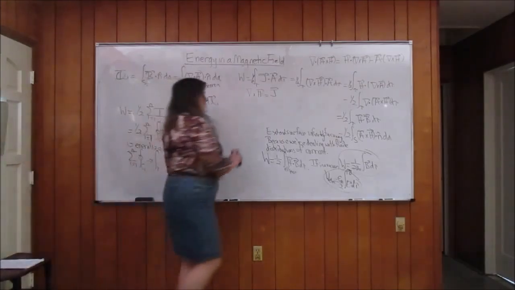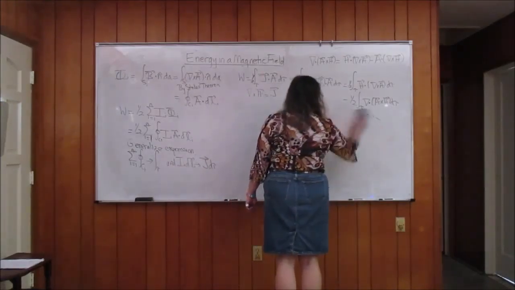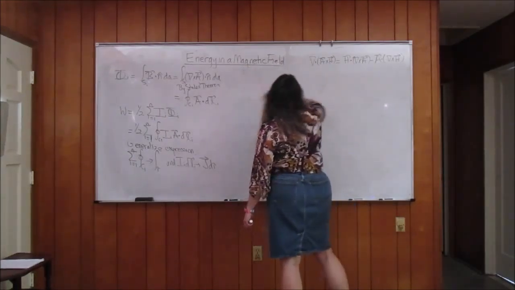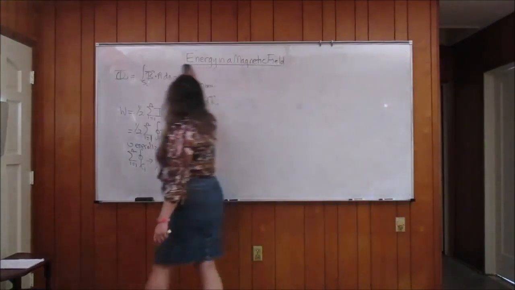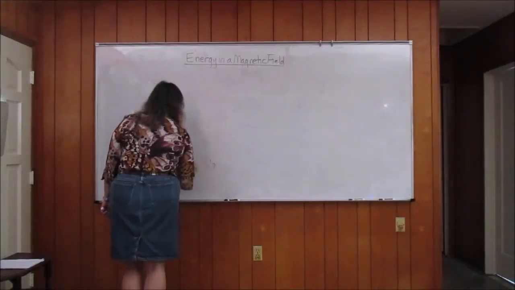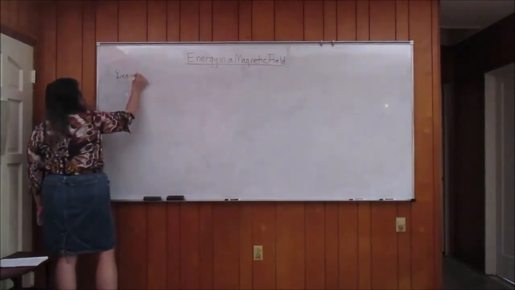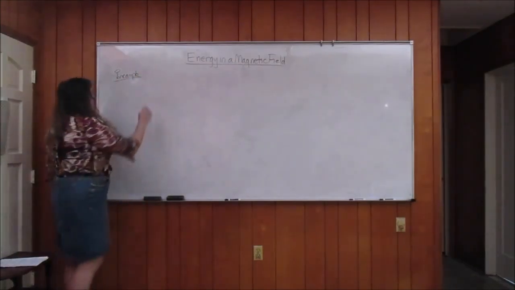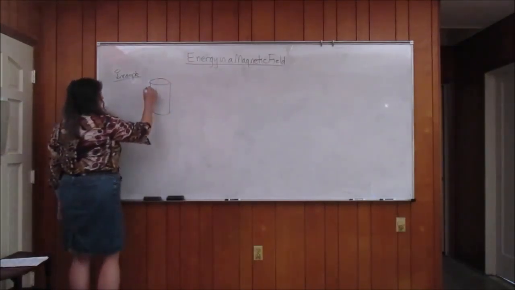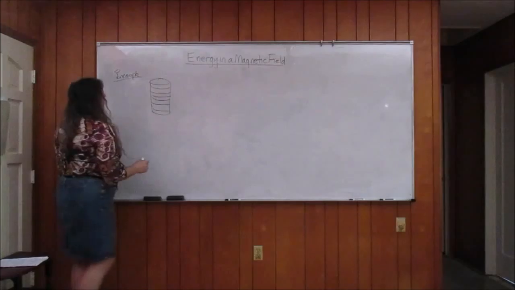I'm going to do a few examples. The first example I'm going to work through is calculating the energy stored in a finite length of a very long straight solenoid.